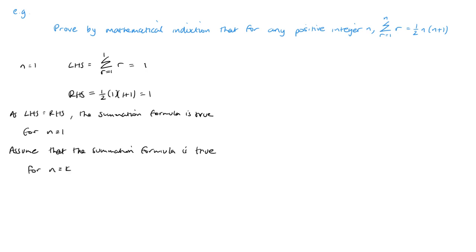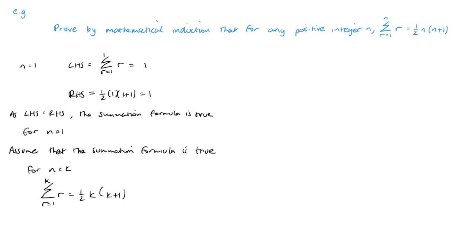And then we write it out with k. So that means it's the sum from r equals 1 to k of r, and this should equal a half k, brackets k plus 1.